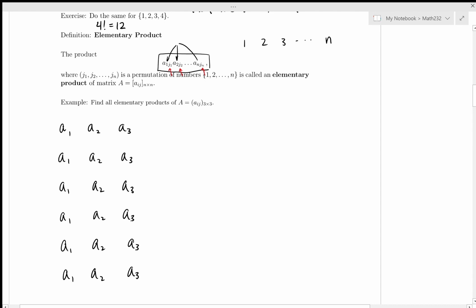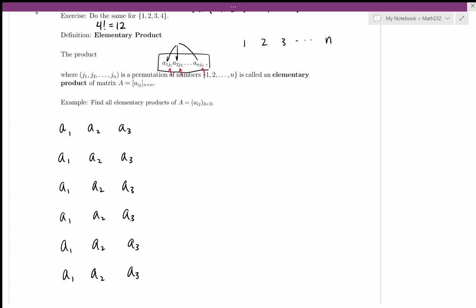Now I'm going to look at my permutations, and put one of them as the column index in each of these. I've already put them above.